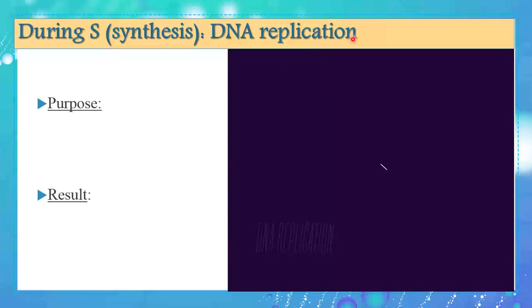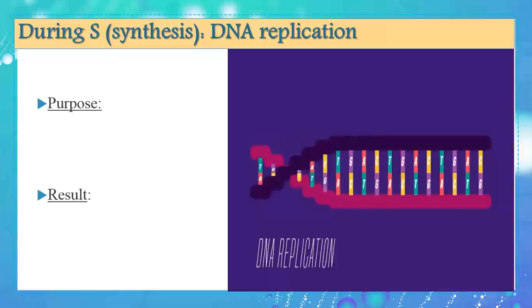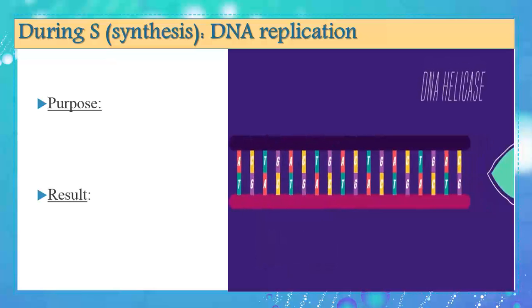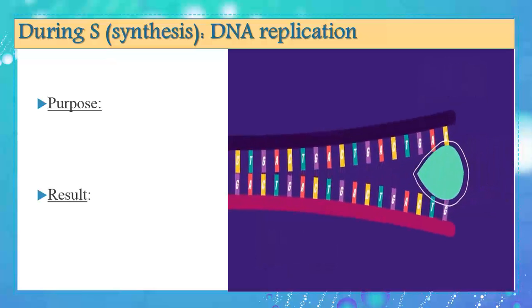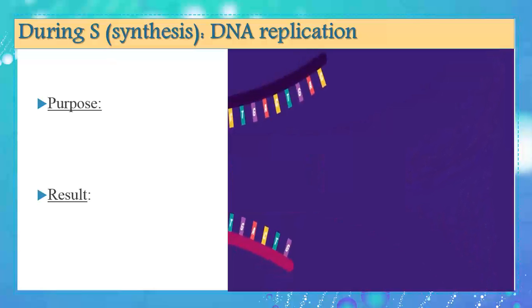Please watch the following video and find the purpose and result of this DNA replication occurring during synthesis. During DNA replication, the double helix unwinds. Then, an enzyme called DNA helicase unzips the DNA, so the 2 strands are separated. This happens at several points along the DNA.